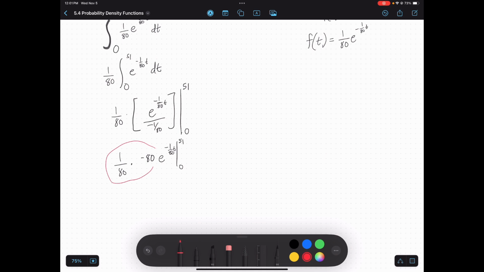Well, these are just constants, so I can go ahead and evaluate that right now. What's -80 times 1/80? I just get -1. So I get -1 times, and I'll also go ahead and plug in my bounds here. So I get e^(-(1/80)(51)) minus e^(-(1/80)(0)).